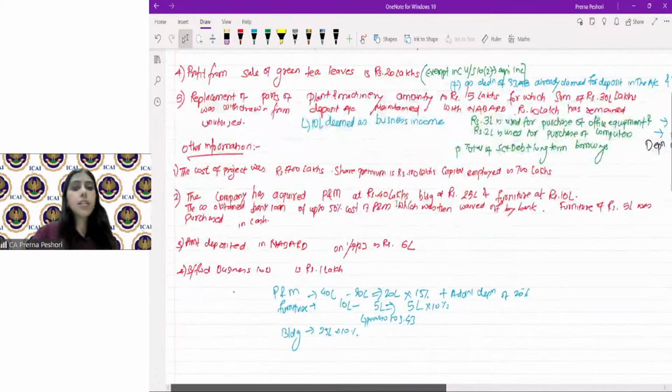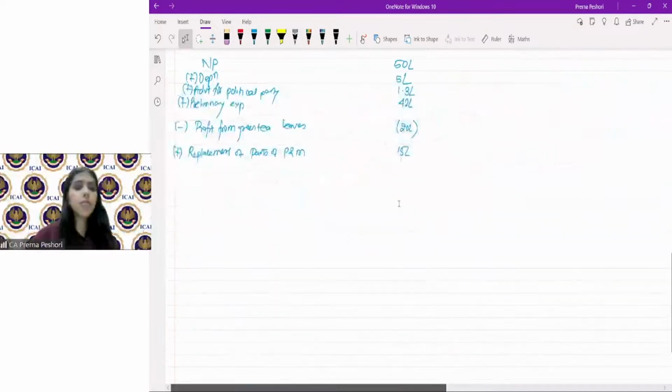Next, we had the deemed income of 10 lakh.